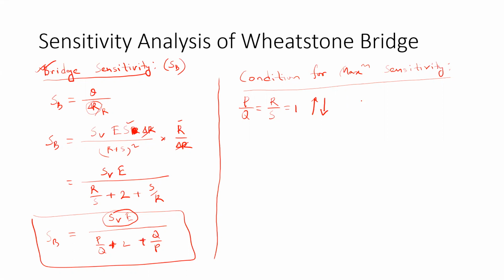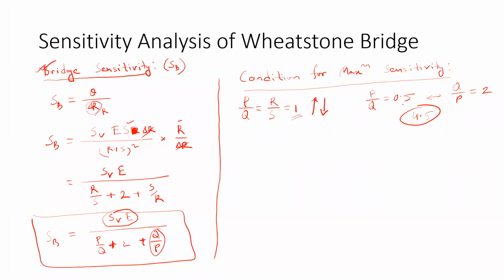So for example, if P by Q is equal to 0.5, then this Q by P over here will counterbalance it, and it will give you 2. And overall in the denominator, in this case, you will have 4.5, which is higher than the 4 that we will get in this case.